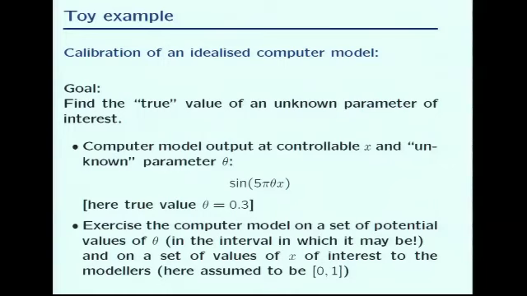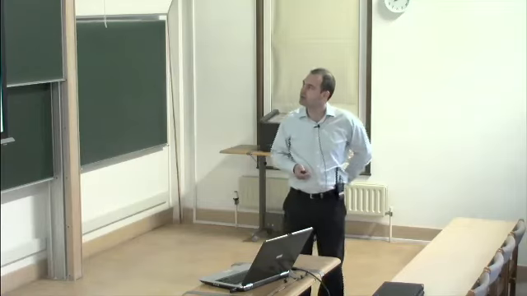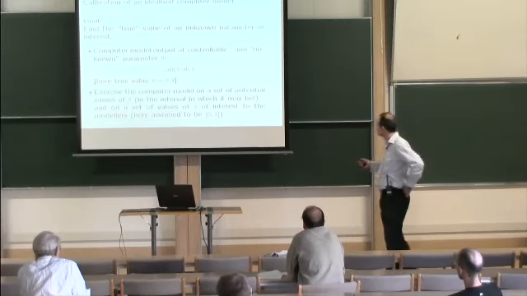X is here a parameter that's supposedly controllable. But by that I mean it's given. It's the setting from Kennedy and O'Hagan and all these nice studies. So controllable means it's fixed. You can control it sometimes, or sometimes it's given. Think time, for example, or location.